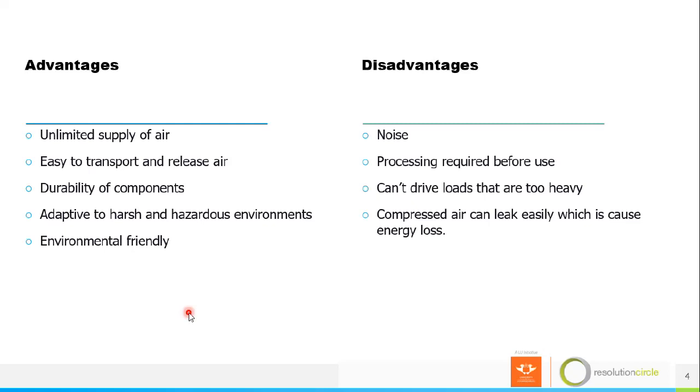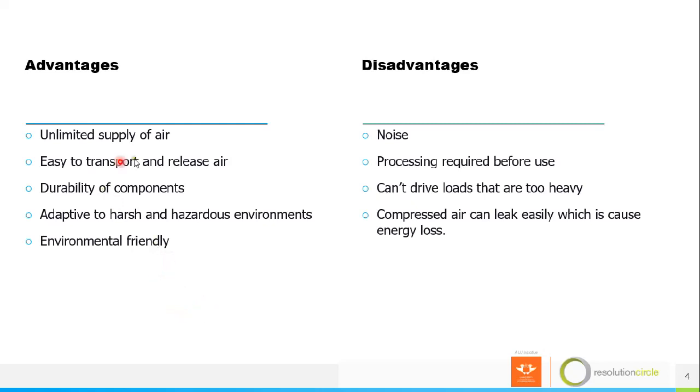So we will never reach a point where we run out of air because we take the atmospheric air that we breathe. Air is just there for free and it is unlimited. So that's one thing that is nice about pneumatics.